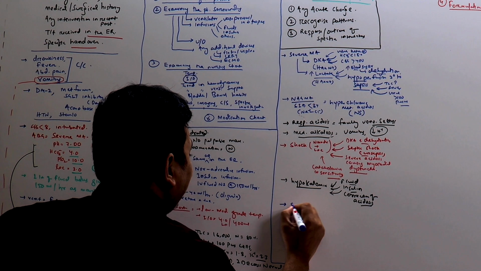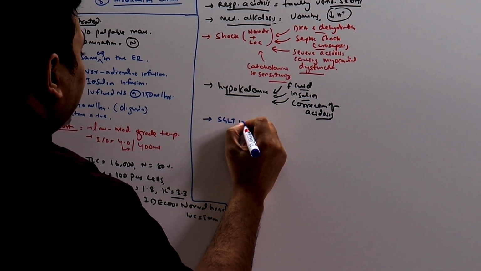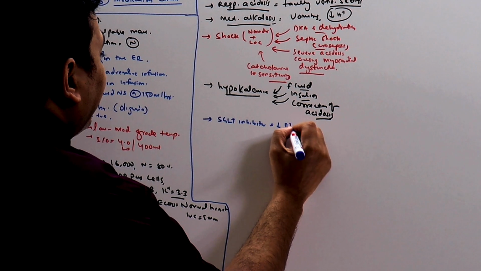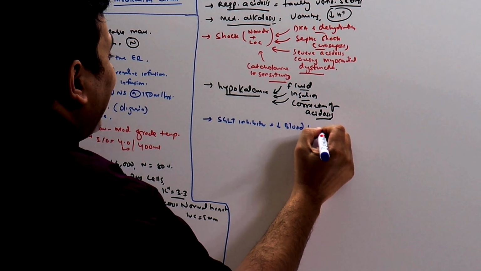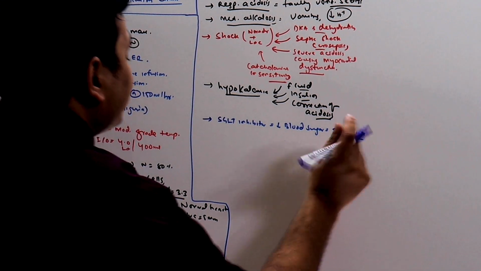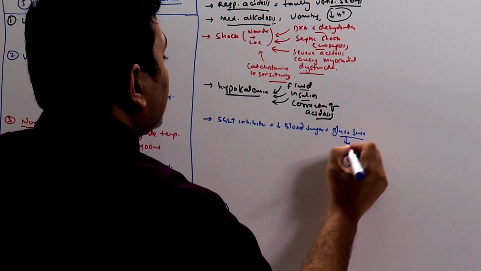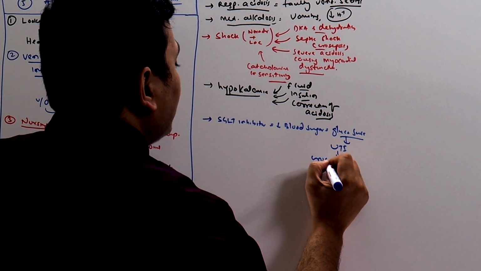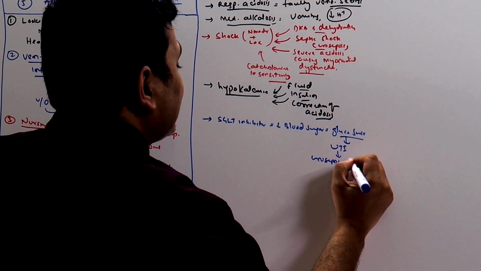So this kind of inhibitor, SGLT inhibitor, they decrease blood sugar by causing glucosuria. So glucose in the urine can cause UTI. The UTI can progress to urosepsis and septic shock.